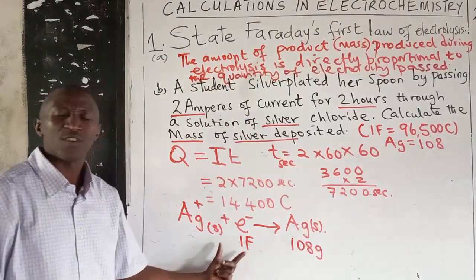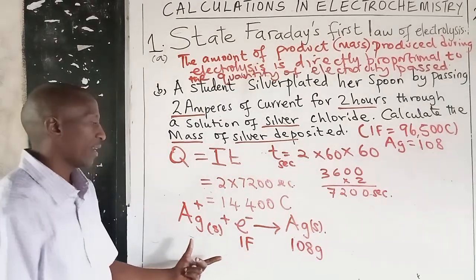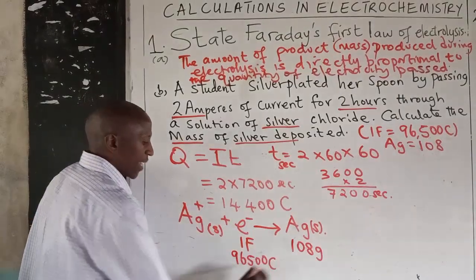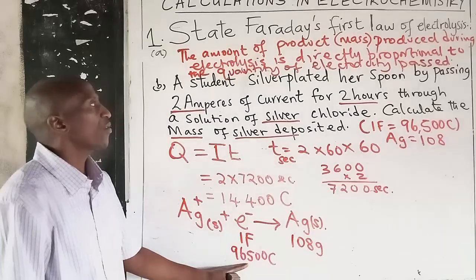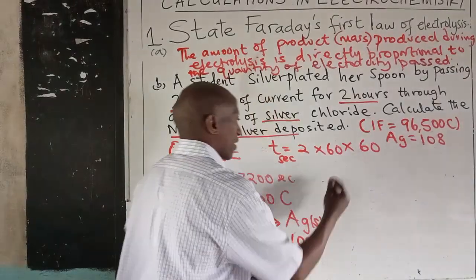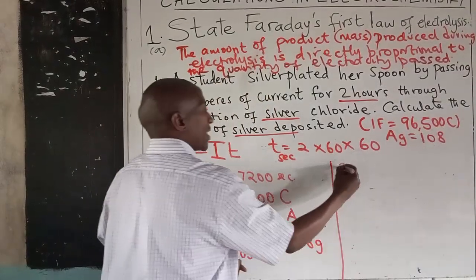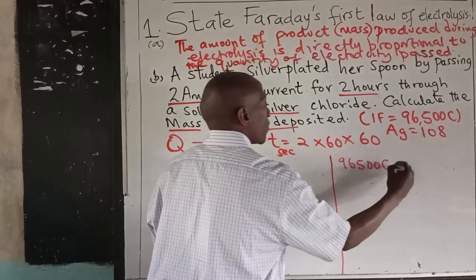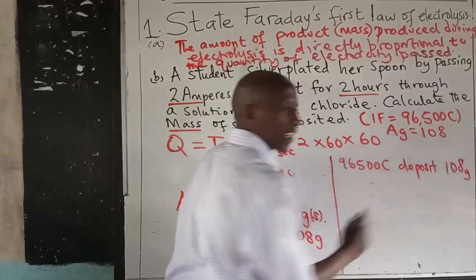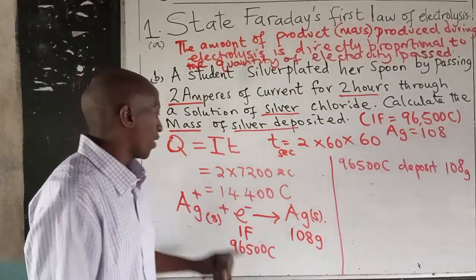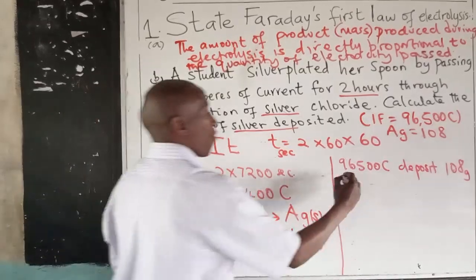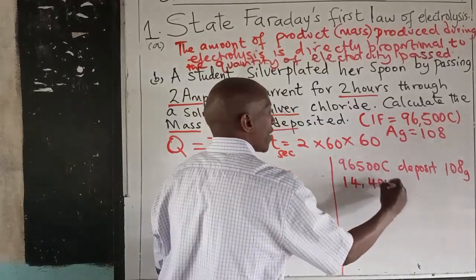And this is the calculation therefore. So we can make inferences whereby this 1 Faraday is going to be equivalent to 96,500 coulombs. So the question is, during this electrolysis, if 96,500 coulombs deposit 108 grams, what about the quantity of electricity that we practically passed of 14,400 coulombs?